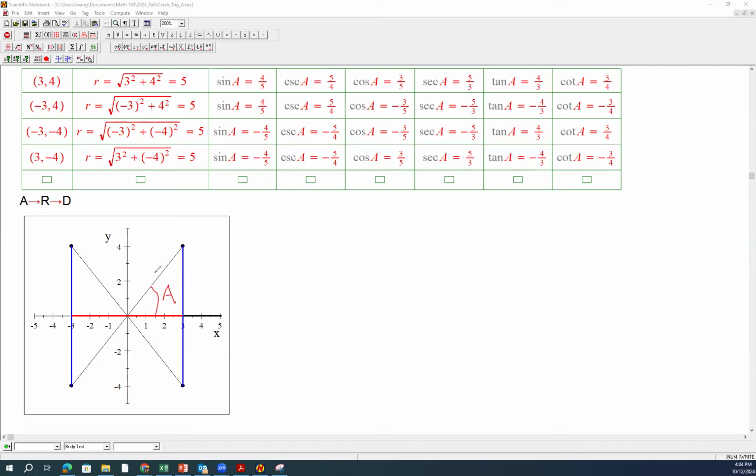We know this could be the other angle A. And how about another one? For the terminal in the second quadrant, I'm going to call it B. And then all of these angles will be turned into B, right? We can totally do that. Just all called a B, if that makes it better, okay?